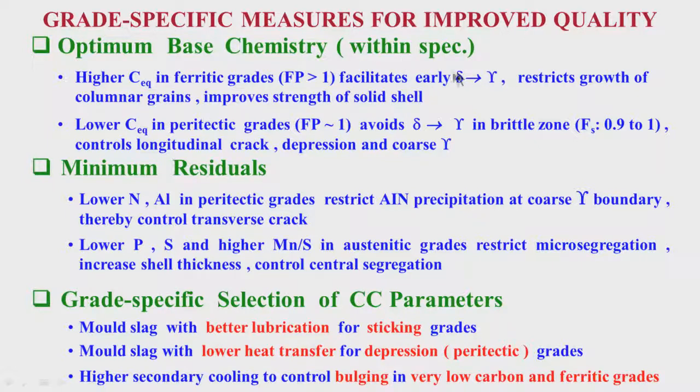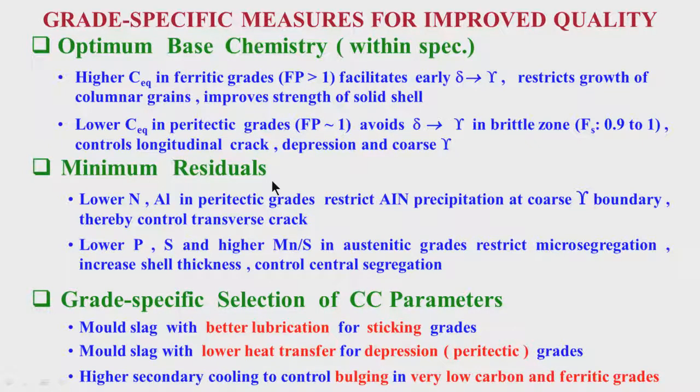Of course, within specification, I am again and again telling, whatever range of chemistry you have, within that you can make some minor adjustment, so that you can avoid this brittle temperature zone for peritectic grades, and you can have delta to gamma transformation relatively at higher temperature and restrict growth of delta ferrite columnar grains. So, this is a strategy which you adopt.